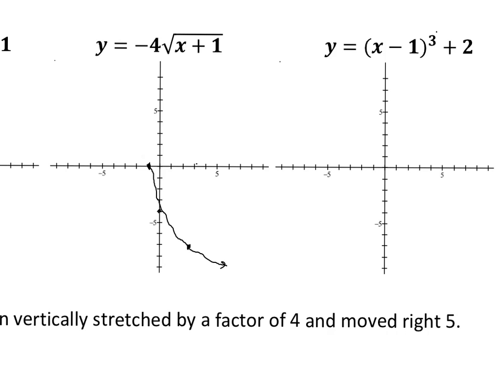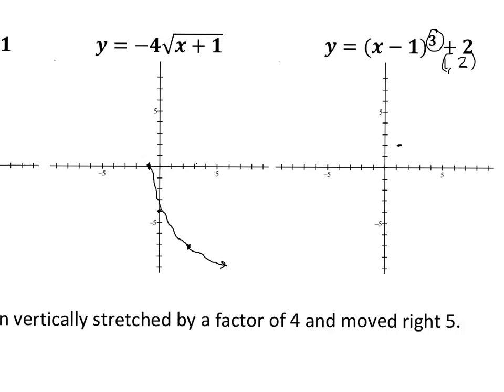Okay, now this one is a cube function. Well, let's apply our rules. Where's my starting point? You can't say it's a vertex here. But where are we shifted? To the right 1 and up 2. So we're going to start, instead of 0, 0, we're going to start at 1 and 2.